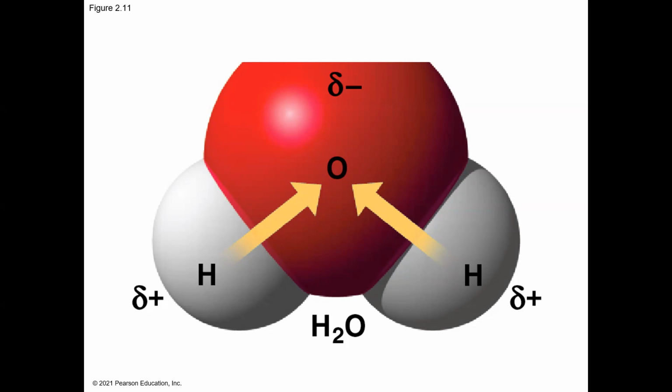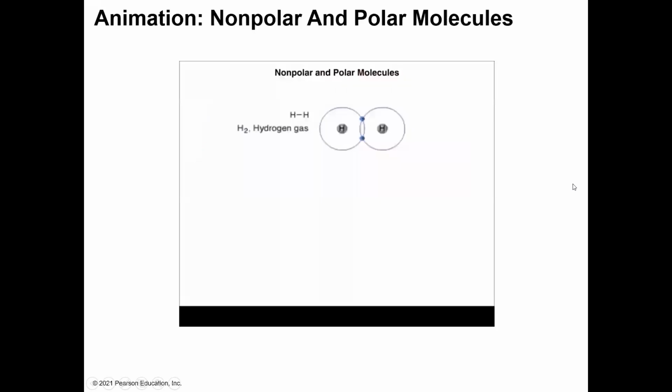In this diagram, you can see that the electrons for the hydrogen spend more time with the oxygen atom compared to the hydrogen atom. So the oxygen atom is slightly negative compared to the hydrogens, which are slightly positive, and that creates a polar molecule.